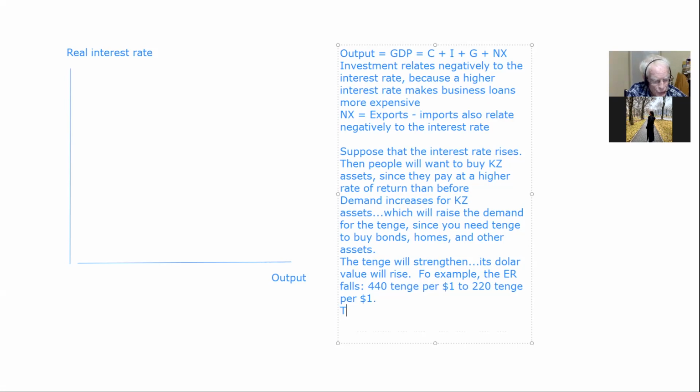So a couple of things happen. The tenge becomes more expensive for foreigners. They have to pay more dollars to get the tenge than before. So Kazakhstani exports will fall.